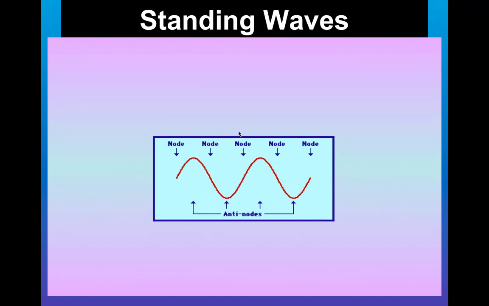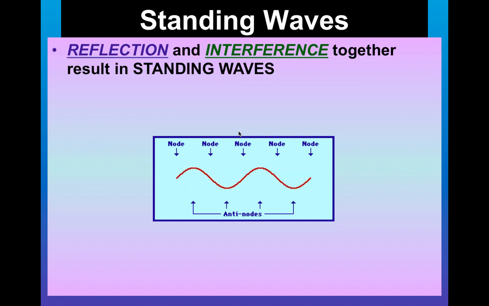So this is what we call a standing wave, and a standing wave is the result of reflection and interference working together. The first thing we need to understand about a standing wave is that you have two fixed points on either end of your wave, whether it's a string connected to two hooks on either side, or two people holding a jump rope, or a string that is glued, held, taped, or nailed, whatever it may be.